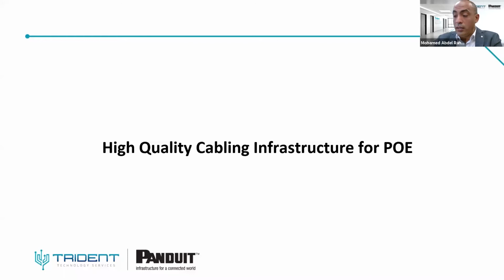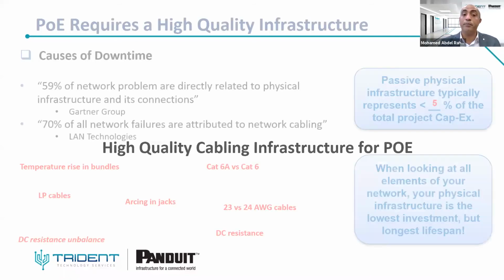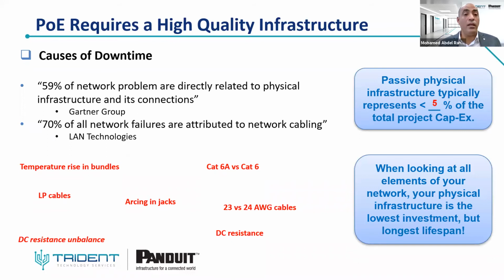Okay, now we can discuss high quality. We need to have a high quality PoE cable. As we said, PoE needs a higher quality infrastructure. The Gartner Group mentioned that 59 percent of network problems come directly from the physical infrastructure.